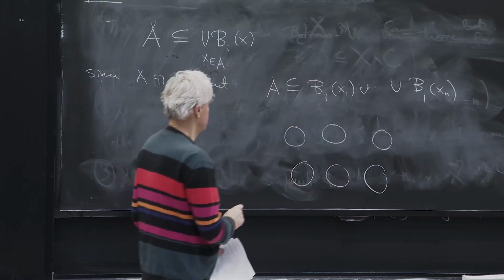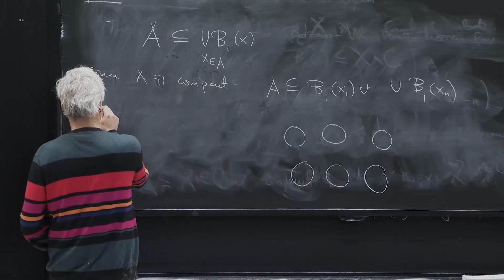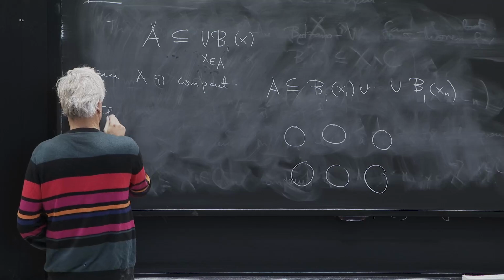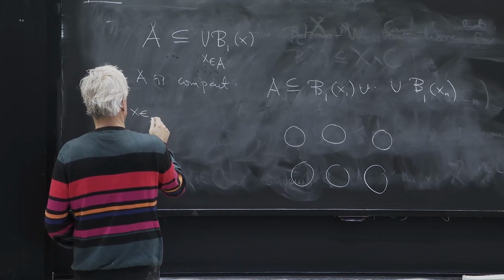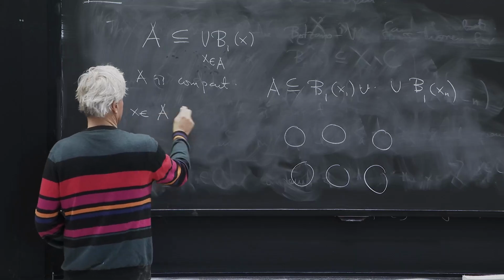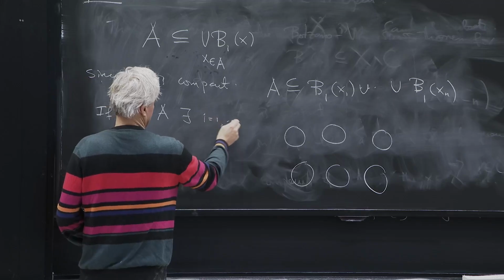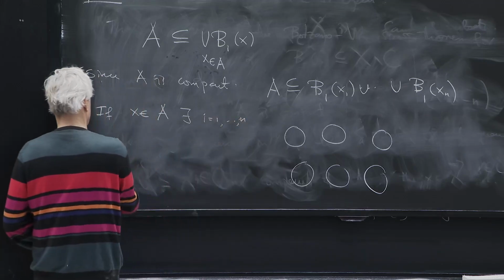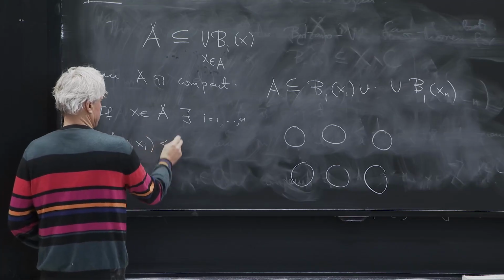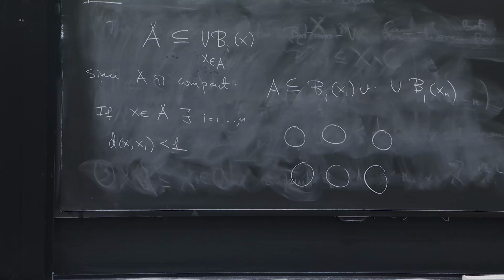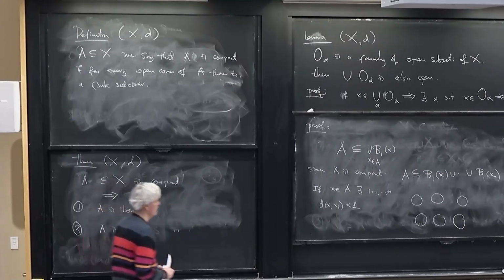So this means that for any x in A, there exists one of these finitely many i, so that the distance to this x_i is smaller than 1, right? We would like to say that A is contained in a large ball.